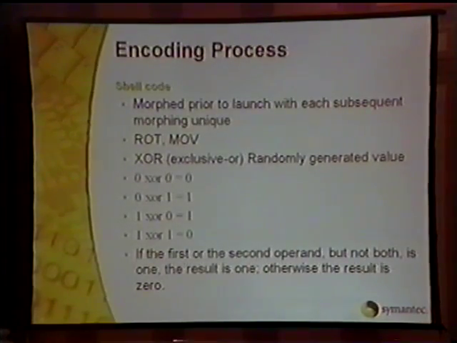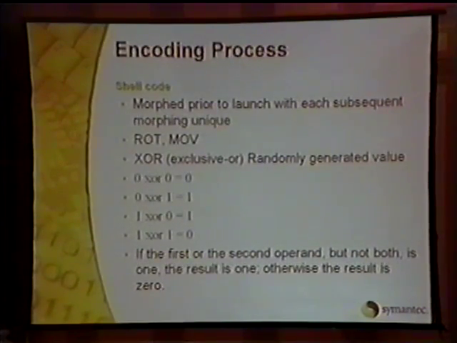So now that we have an understanding of what the polymorphism is trying to evade, it's the actual pattern matching of the shellcode, of the attack. Let's move into the encoding process that I've had time to research and see exactly what's being encoded here.